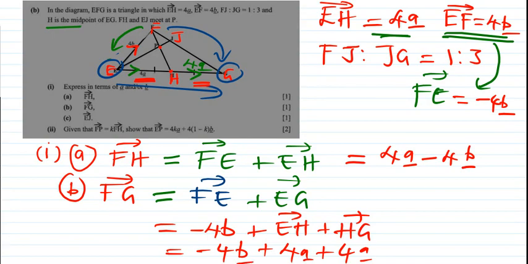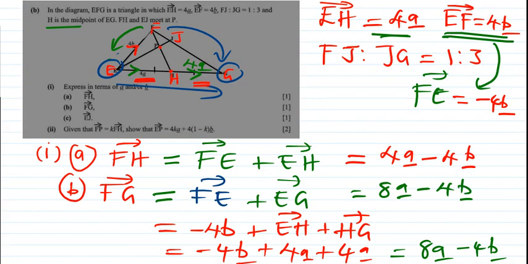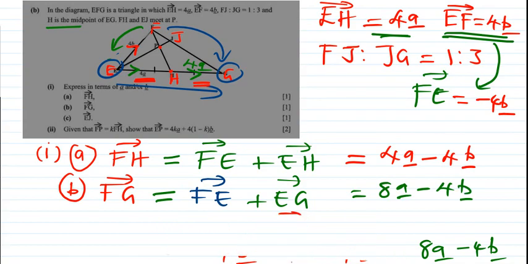Which of course if you add together is going to give you 8a minus 4b. So this is just 8a minus 4b. So that's how you handle b.